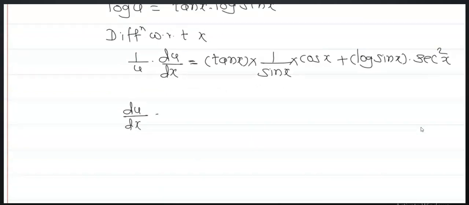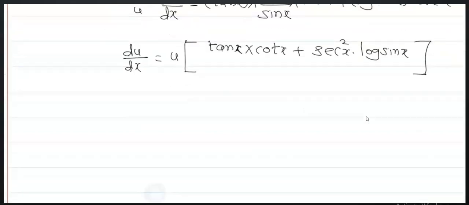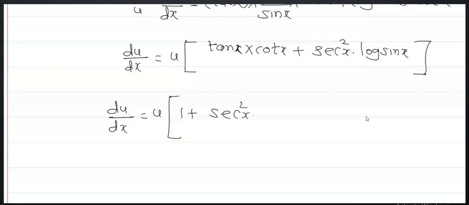You will get du by dx is equal to u into tan x into cos x upon sin x, that is cot x, plus sec square x into log of sin x, bracket complete. Therefore du by dx is equal to u into (tan x into cot x is 1, plus sec square x into log of sin x).